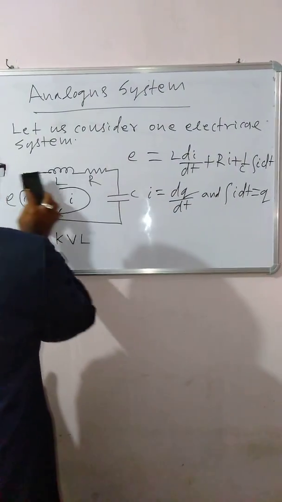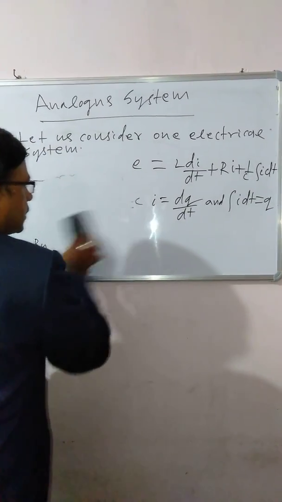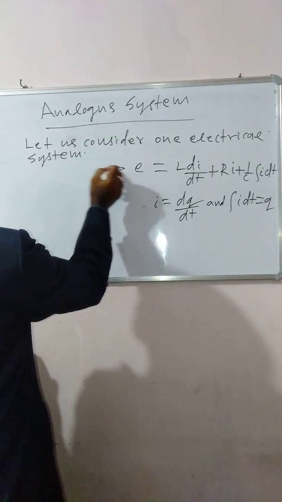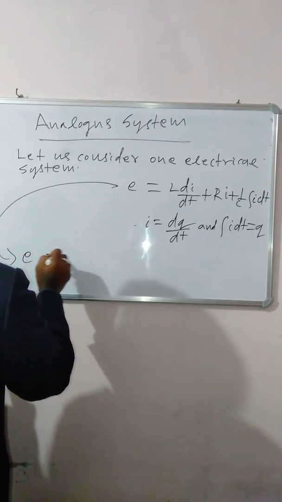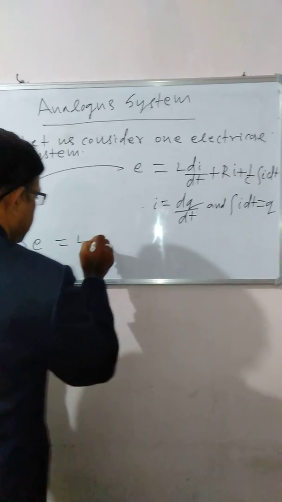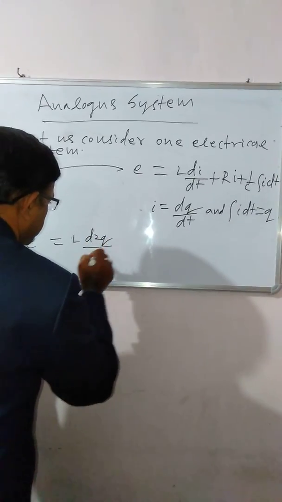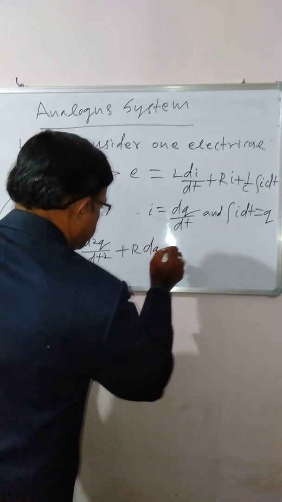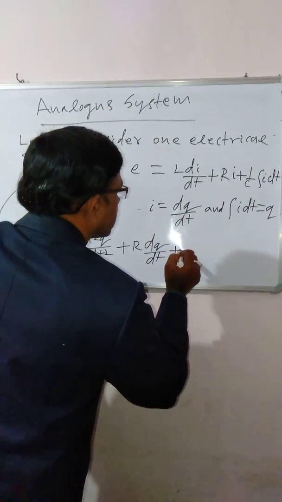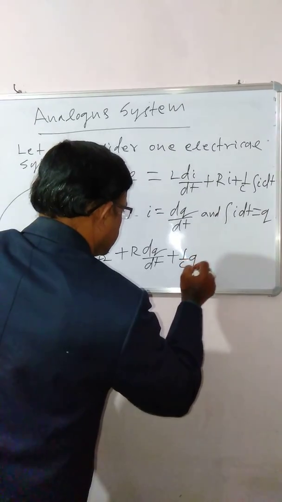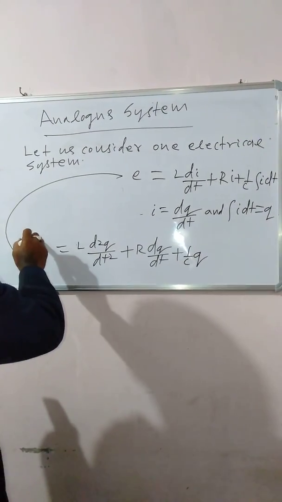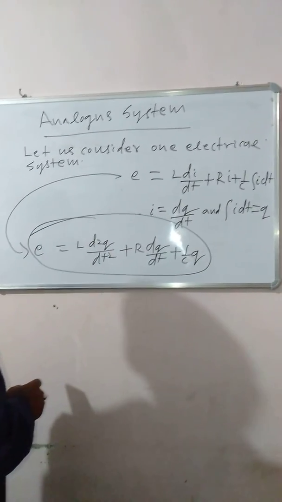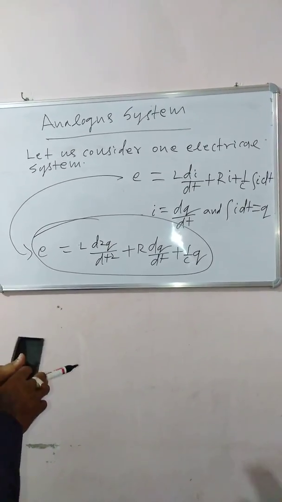So E is equal to L d square q by dt square plus R dq by dt plus 1 by C q. This is the differential equation for a simple electrical LRC circuit connected in series.